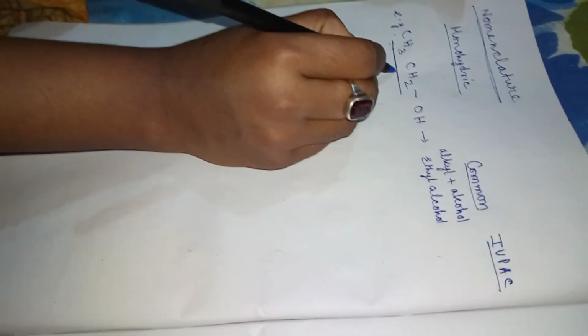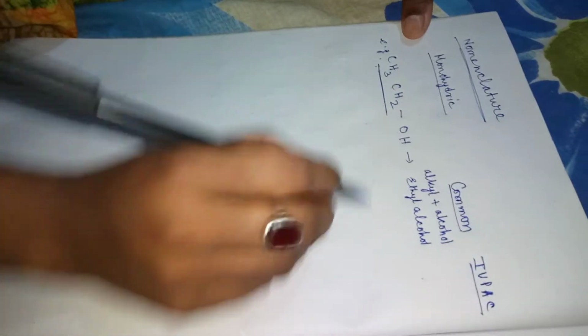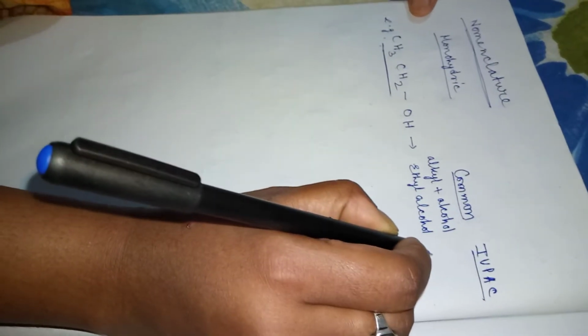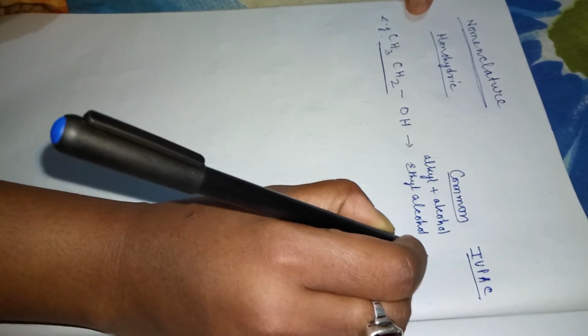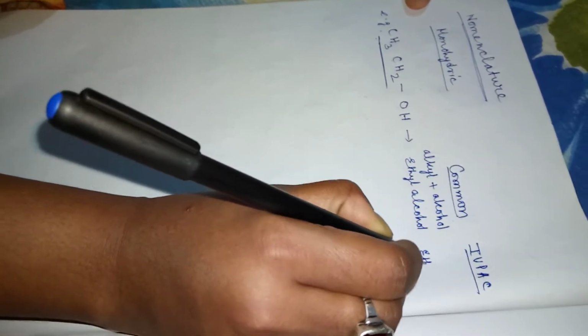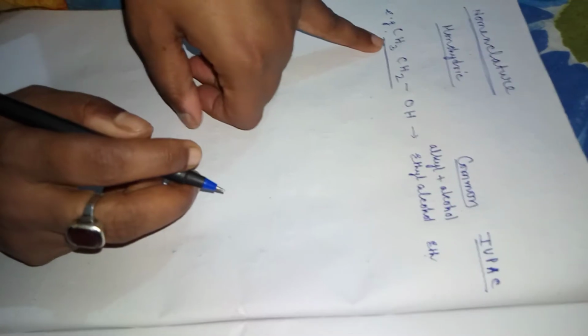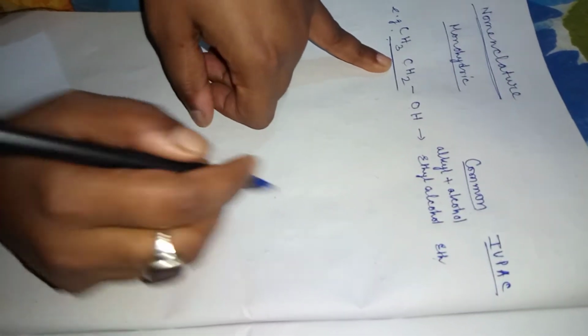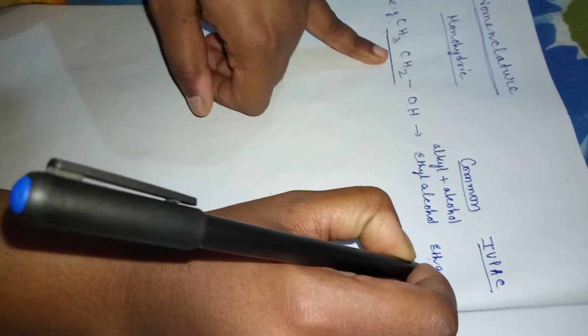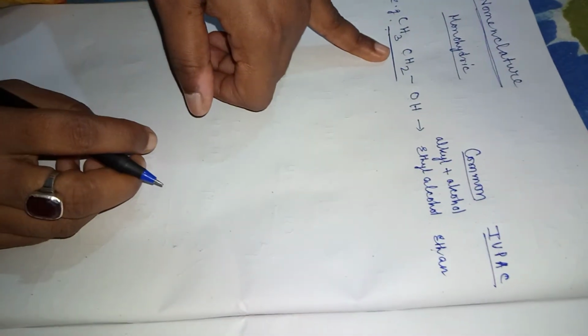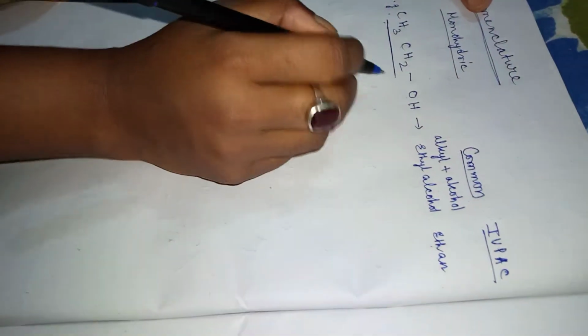IUPAC name: how many carbons are there? On the basis of that we always write the root word, that is eth. Eth is the root word here, and after that we add an.